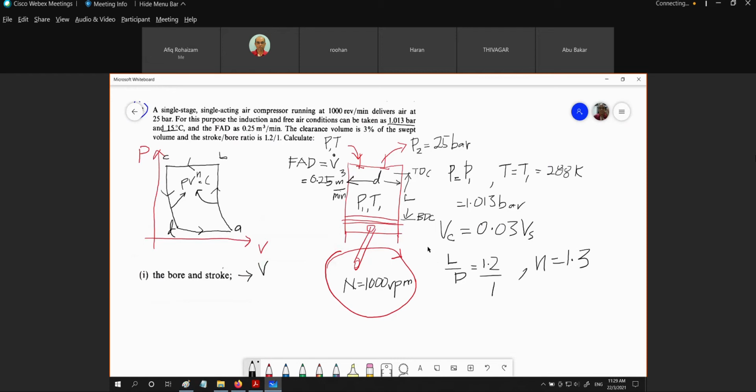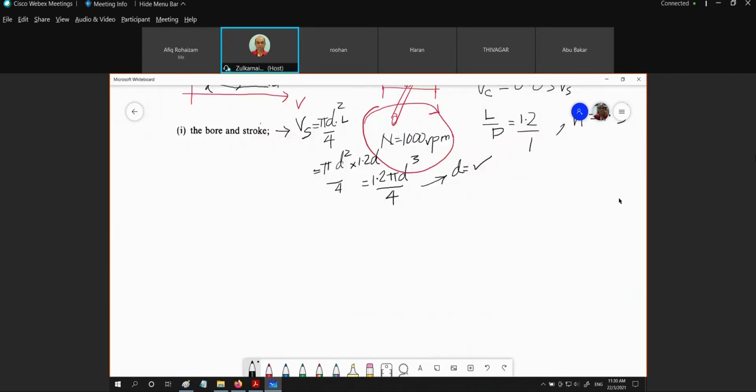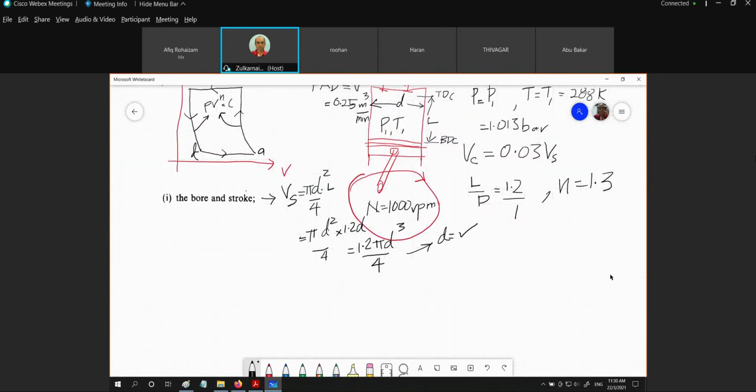But remember, we must solve for the Vs. How to get the Vs? We always get the Vs from VA minus VD. Why do we get it from VA minus VD? The relationship. Okay, if you look right here, this is our Vs. This is our VA.